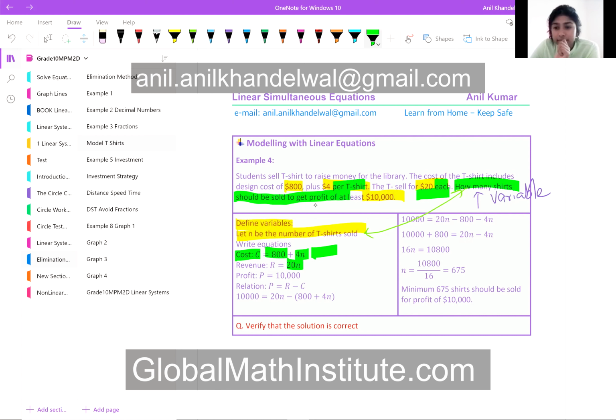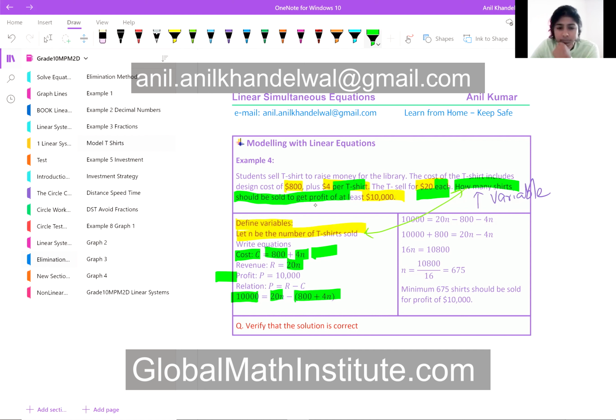And when we talk about profit, profit is the difference between revenue and cost. So you can now equate the profit of 10,000 to the difference, revenue of 20n and the cost 800 plus 4n. It is a good practice to put them in brackets. Once you do this, it becomes much simpler to solve the question, correct?